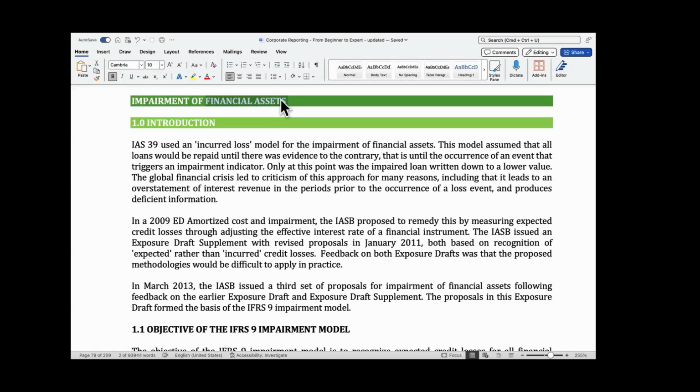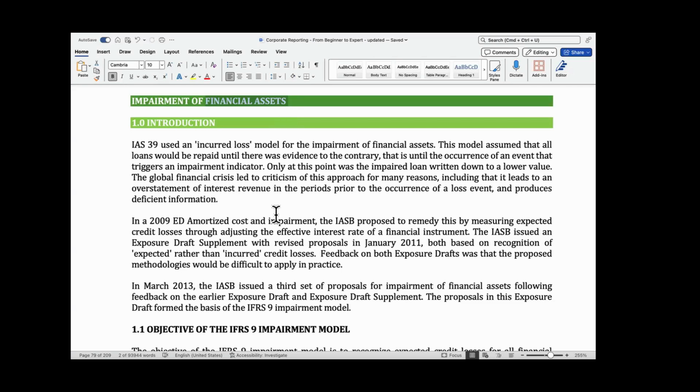But all things being equal, your cash cannot impair. You should be able to walk into your bank and collect your money in full. Equity shares cannot impair, except if the company liquidates and fails. So the only thing this relates to is debt. When you lend somebody money, that's the only case where somebody can default.